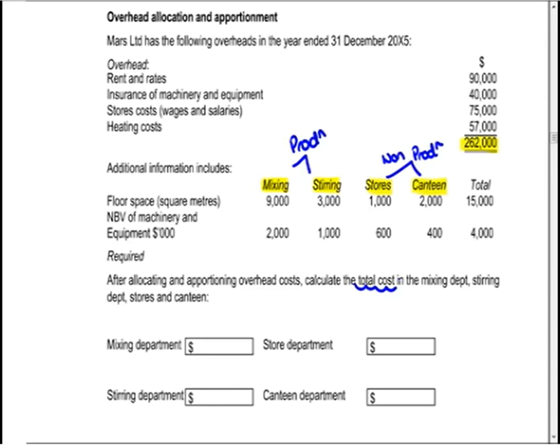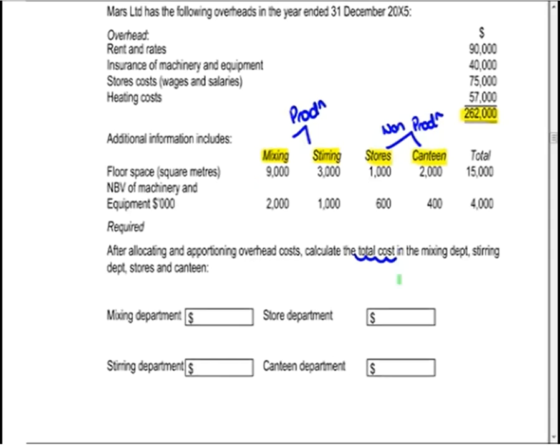But the method would be exactly the same. The easiest way to do this is to set up a table with the headings of the 4 departments across the top. The first part of this is to allocate any overheads which can go directly to one department.